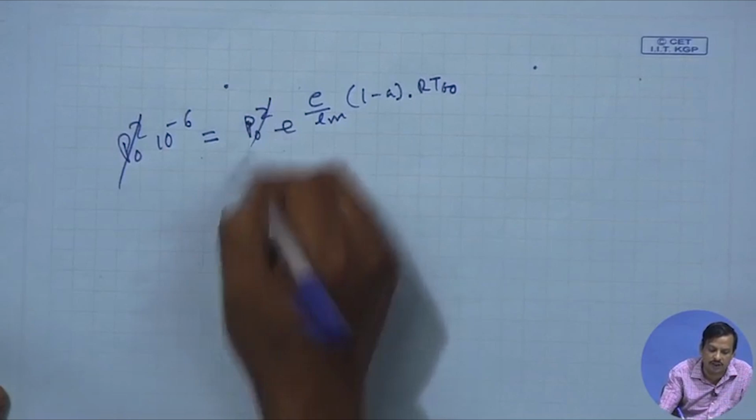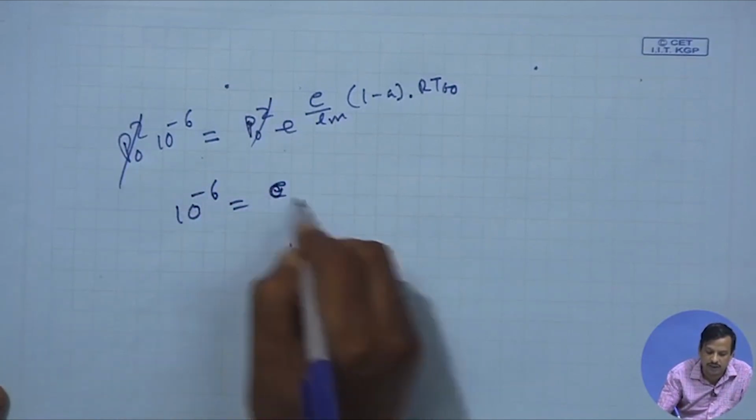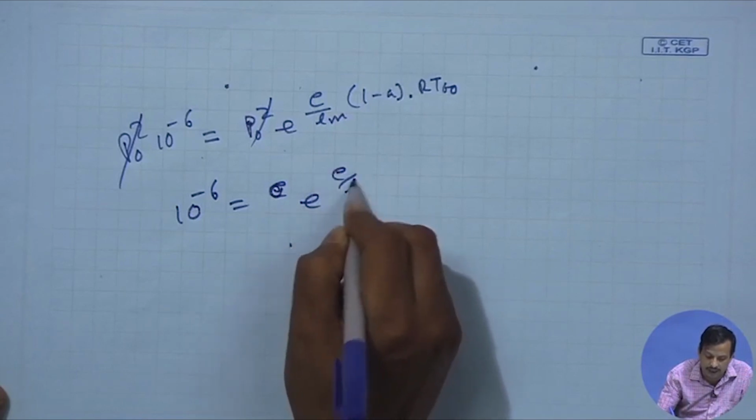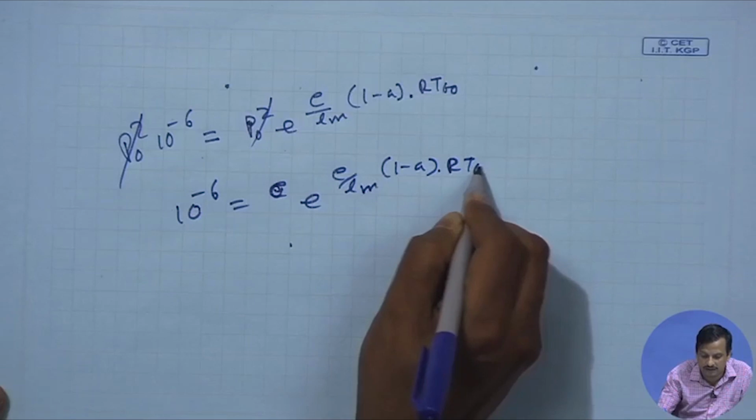So, P 0 is cancelled, and 10 to the power minus 6 is equal to e to the power c by lm into 1 minus a into RT60.